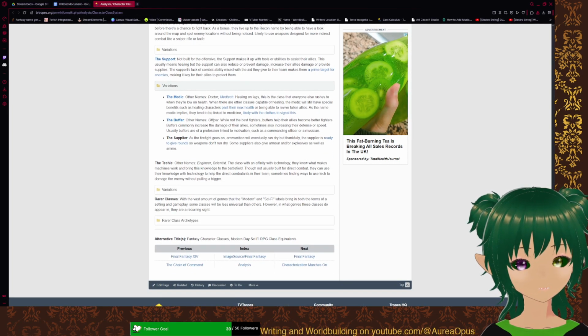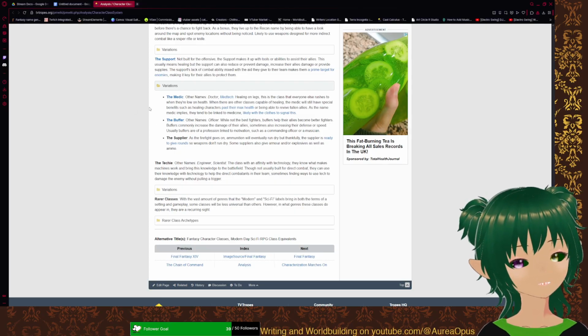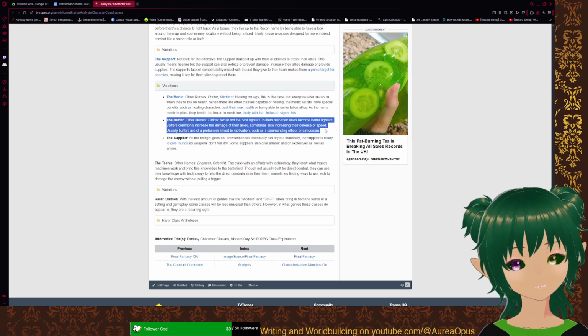The buffer. Sometimes officers are not the best fighters. Buffers help their allies become better fighters. They increase the damage of their allies, sometimes also increasing their defensive speed. From a game design perspective, you do get stuff like this. I've recently seen some gameplay from Warhammer Rogue Trader.